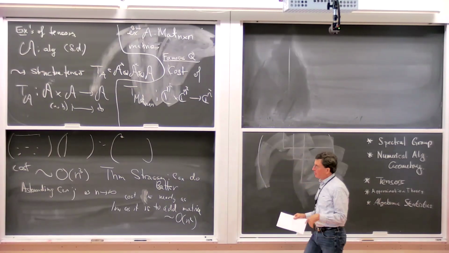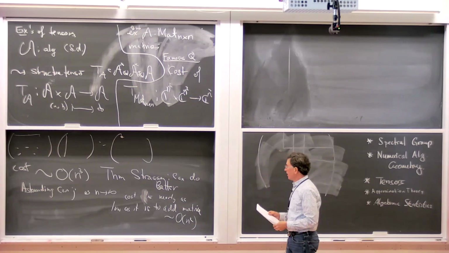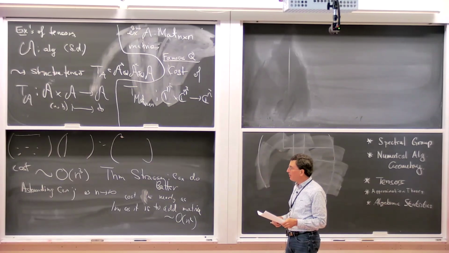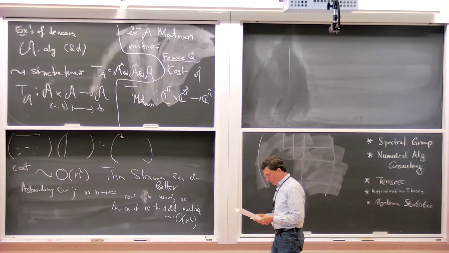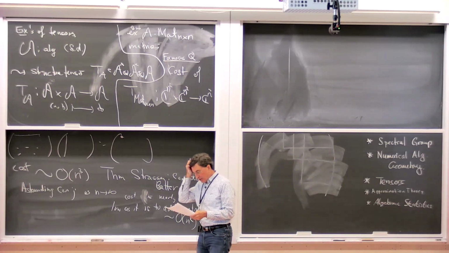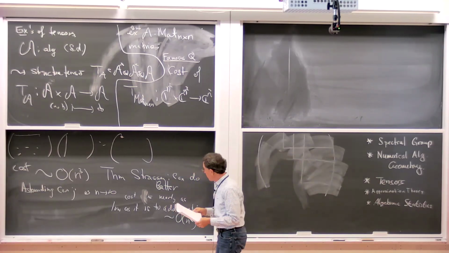So I want to go back to this, start introducing this notion of value. And I'll introduce it actually via combinatorics.